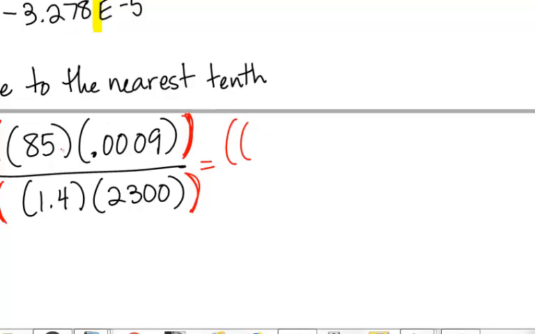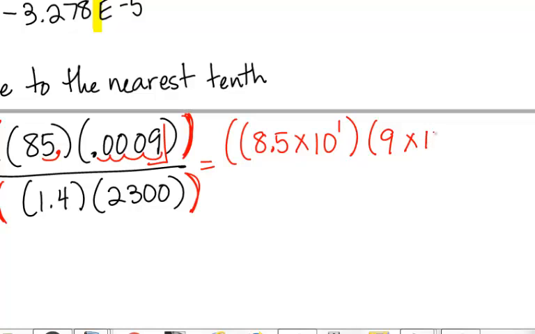85 would be, change this, move this over. 8.5. Yep, 8.5 times 10 to the first. Okay, change this one. 9 times 10 to the negative 4. Close the parentheses, close the parentheses.